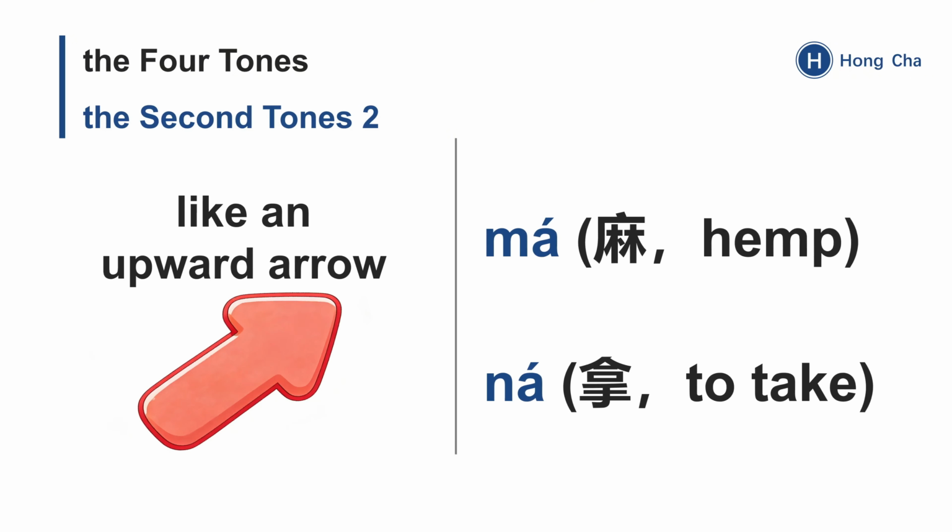The tone mark for the second tone is this, which looks like an upward arrow, just like a broom rising slowly. When pronouncing this tone, the sound should rise from low to high, and it sounds like a questioning tone. Examples include má and ná.